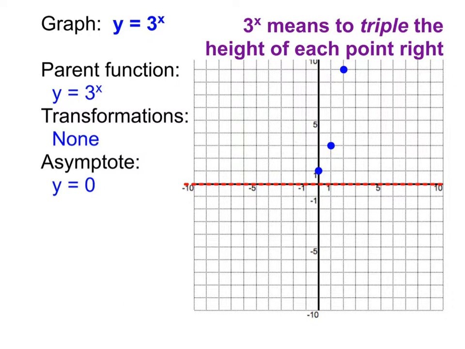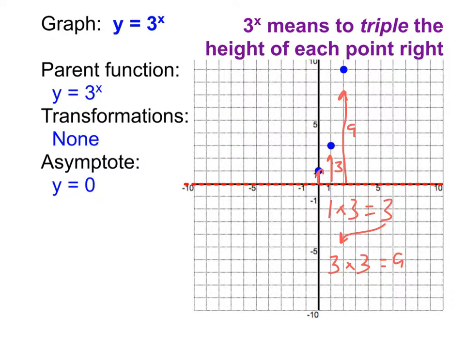Our first point was up 1. Our next point is up 3, because I'm doing 1 times 3 to get 3. My next point after that, I'm taking that last height of 3, and I'm going to do 3 times 3, which equals 9. So I go up 1, then I go up 3, then I go up 9.